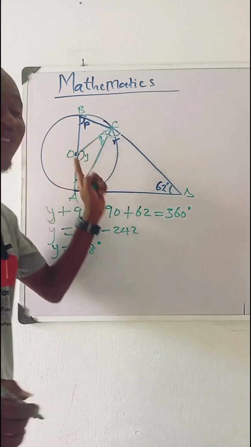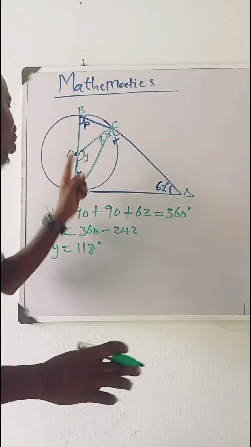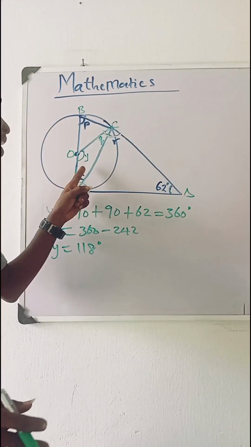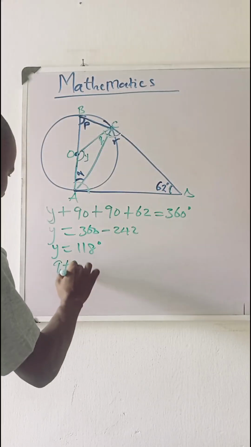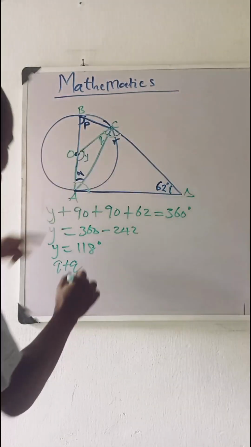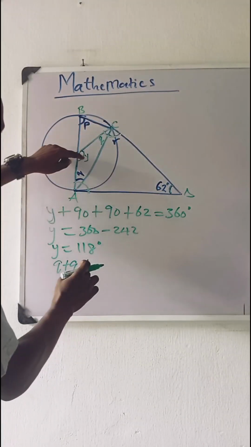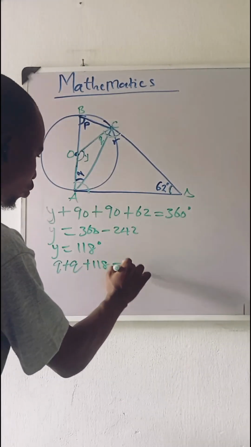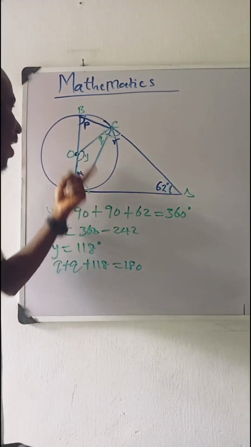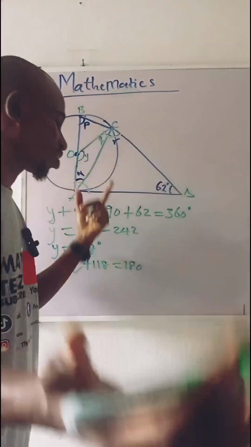So if here is Q, that means here is also Q, right? So I will apply sum of angles in a triangle to calculate my Q. I'm going to have Q plus Q, that is 2Q, plus my Y, which is 118, equal to 180. Sum of angles in a triangle.